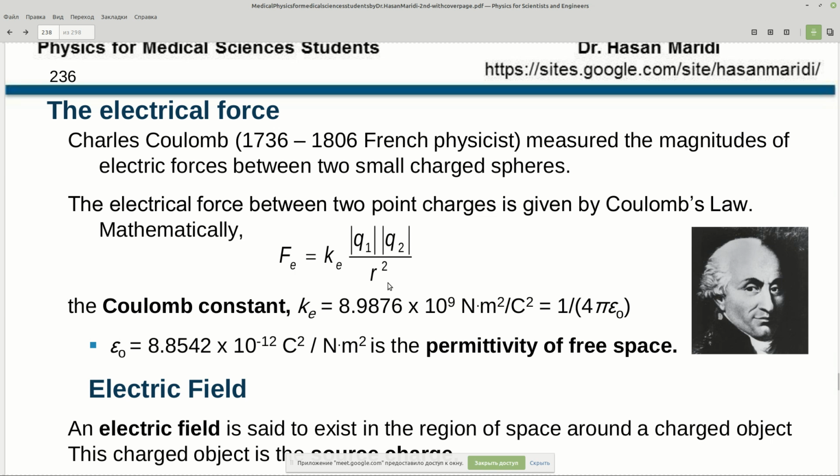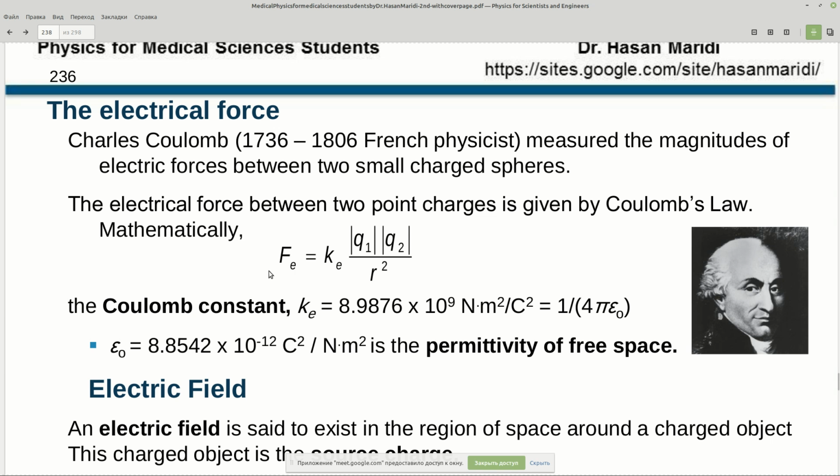We have the same coefficient of proportionality here, with the mass of the first planet and the mass of the second planet, divided by the squared distance between them.